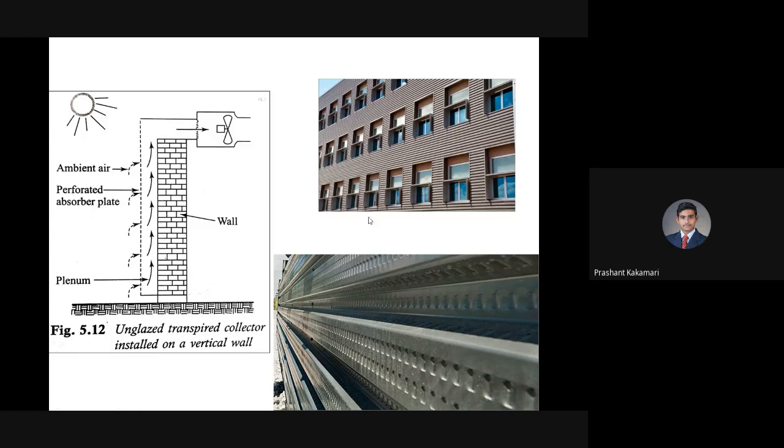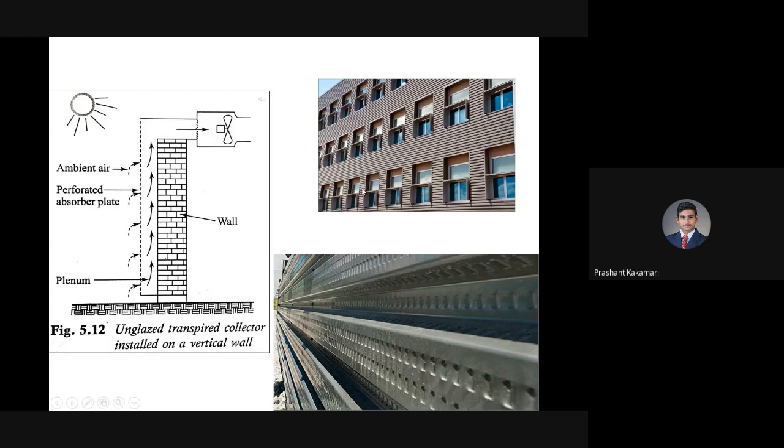In the building, you can see windows. After the windows, any space left out can be used for metal plating to prepare a perforated layer. After keeping some gap, you can construct these perforated plates of metal, or it may be a concrete structure. Later, dark color paint can be applied on these perforated layers.